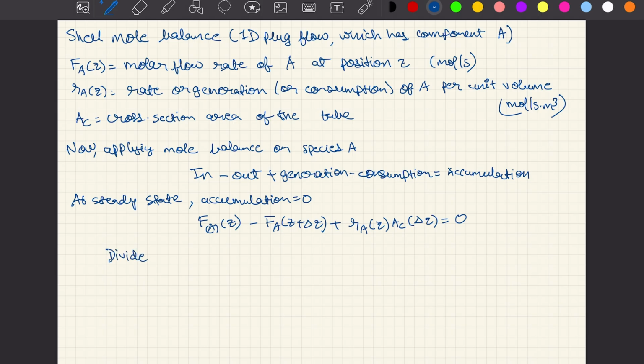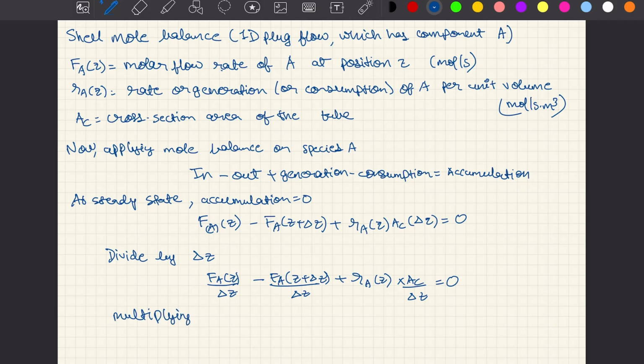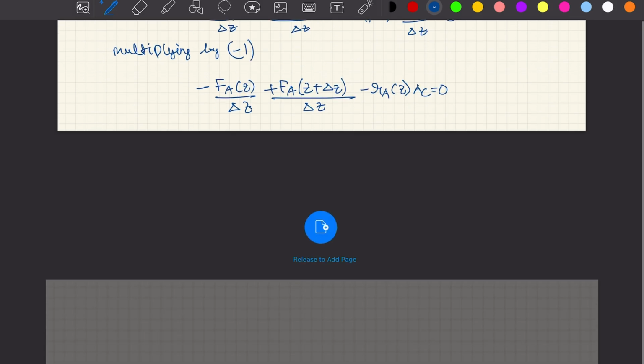Divide this equation by delta Z. Now multiplying this equation by -1, and then rearranging the terms.